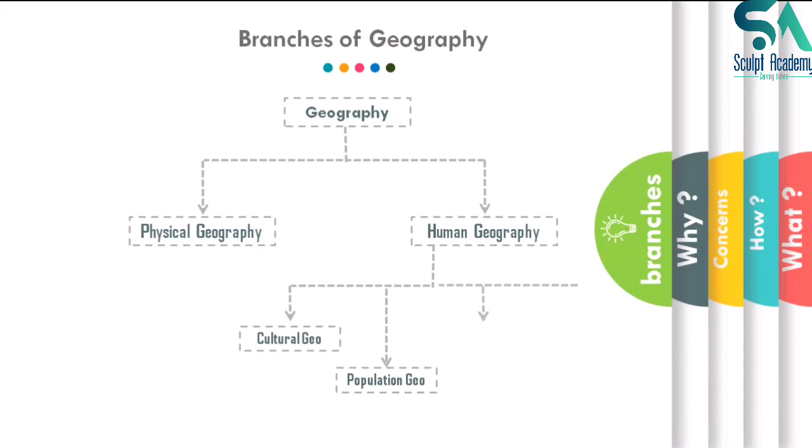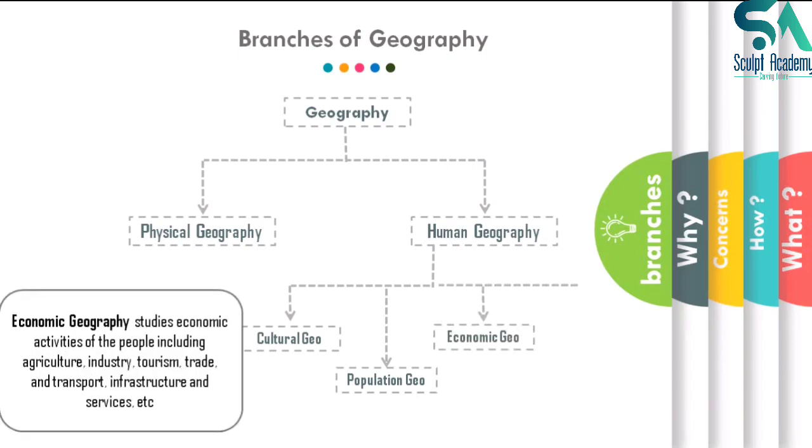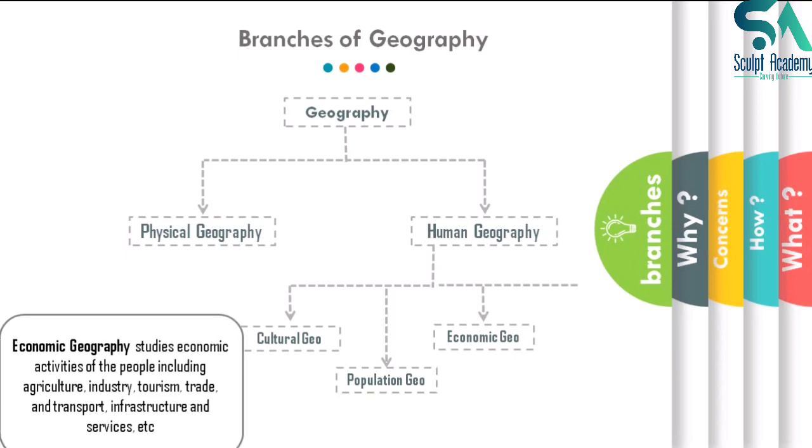Next branch is economic geography. Economic geography studies the economic activities of people, including agriculture, industry, tourism, trade, transport, infrastructure, and services. So, how geographical conditions give birth to different economic opportunities in different places is the main concern of economic geography.